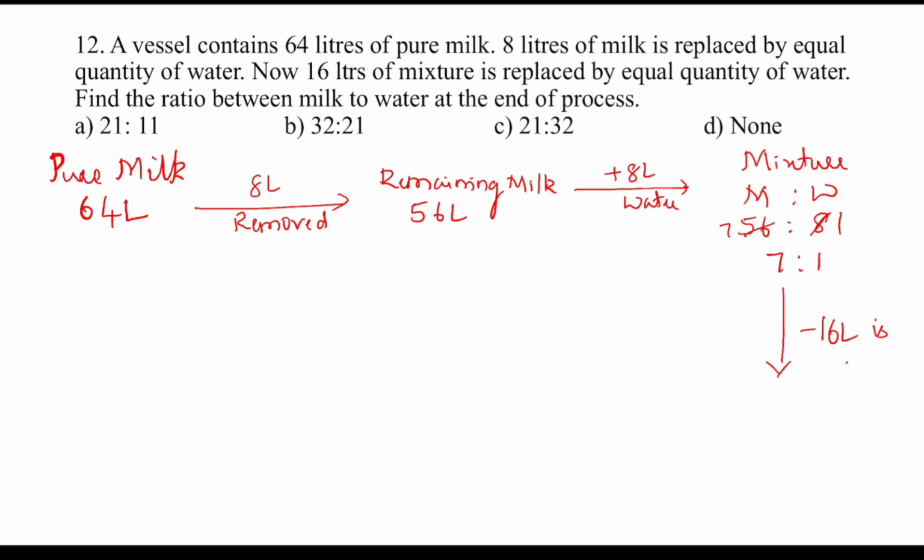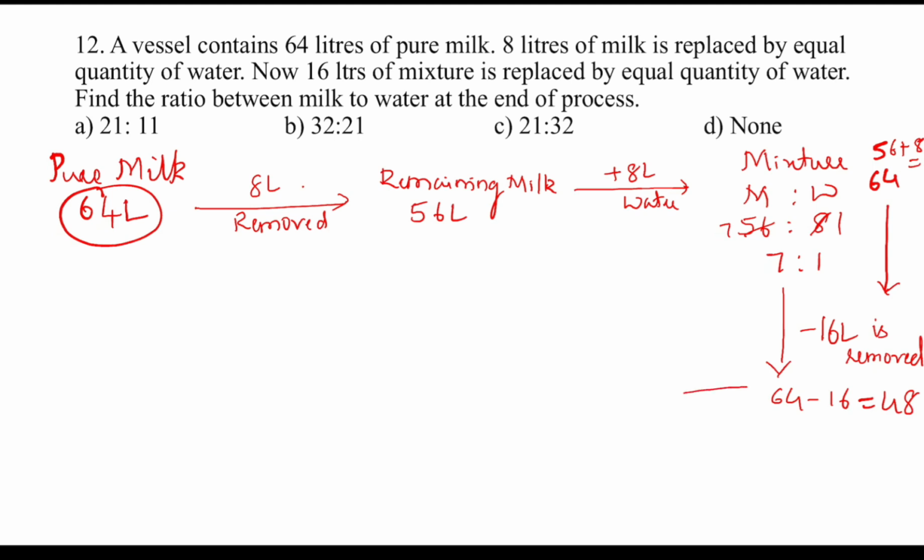The mixture was how much now? 64 liters, because 56 plus 8 is 64; 8 liters was removed and 8 liters was added, so the quantity is as usual, 64 liters. From 64 liters, 16 liters is removed. So how much will remain? 64 minus 16, which is equal to 48.